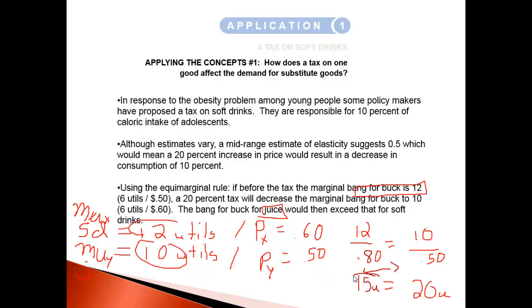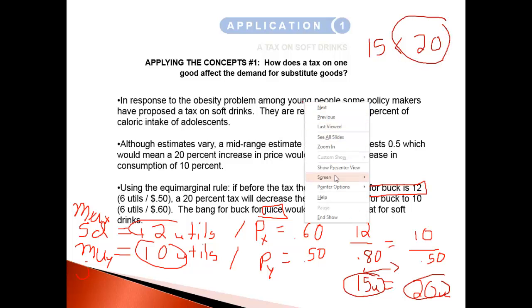And so we're going to choose the one that gives us the most utility. If we have 15 or 20, I'll write that up at the top of the screen, we know that 15 is less than 20, and we're always going to choose the one that gives us the most utility. We're going to maximize utility. We're now going to pick the juice. And that's the whole idea behind this.